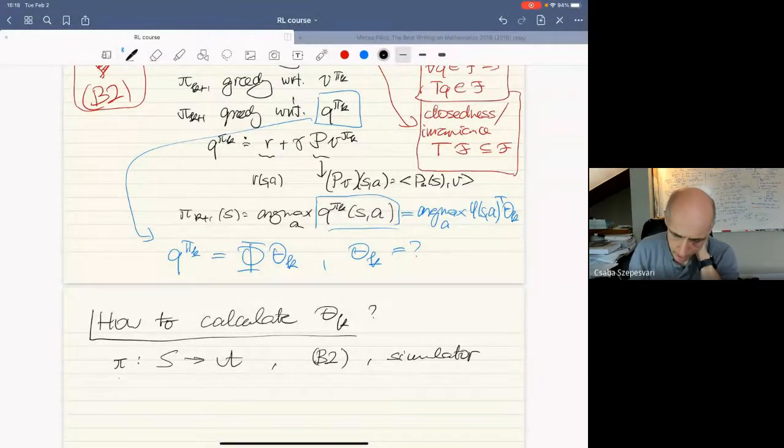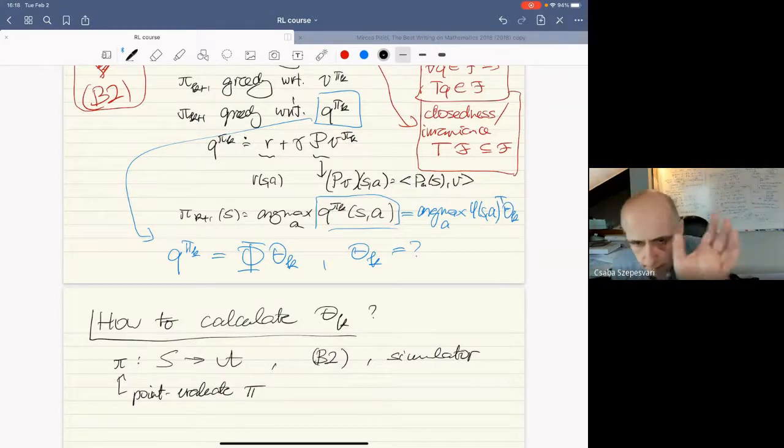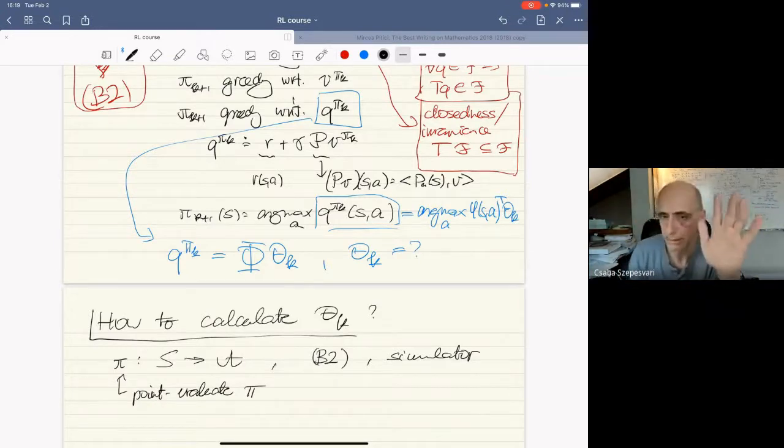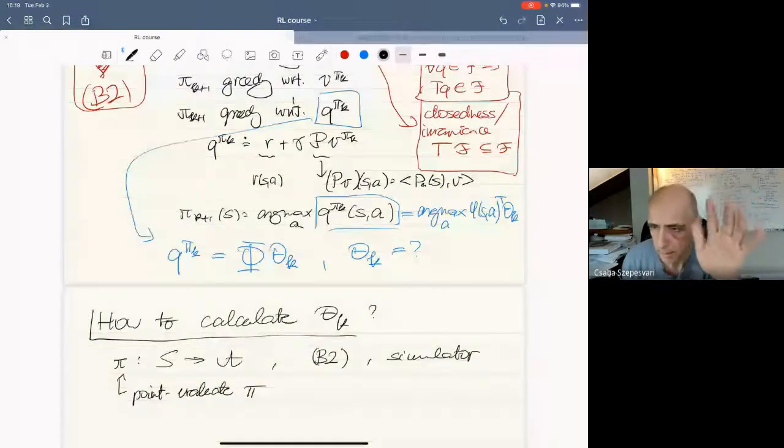And you can pointwise evaluate this policy, so that means that for any state of your choice, you can get the action that the policy would choose at that state. You can evaluate pi s. Okay.